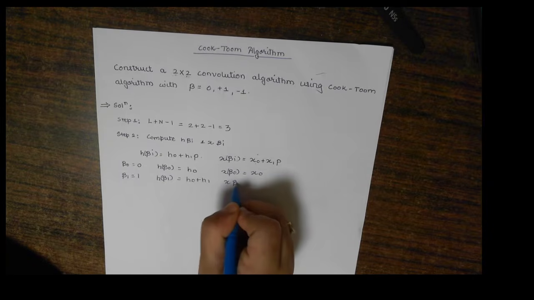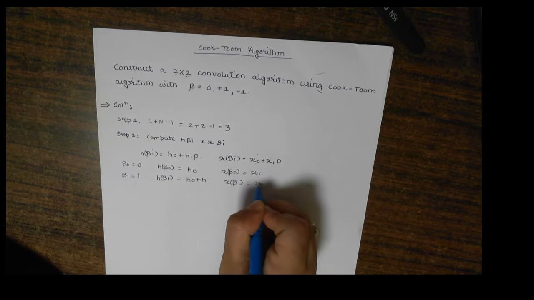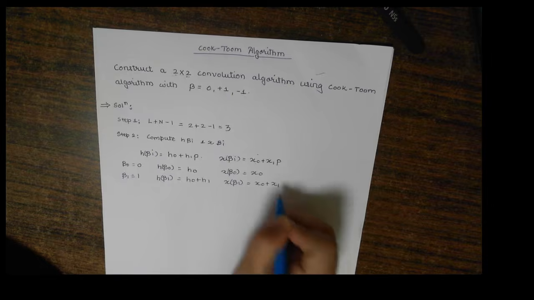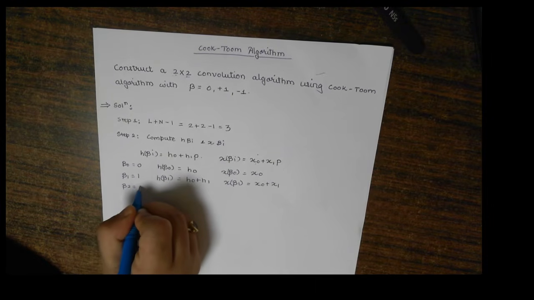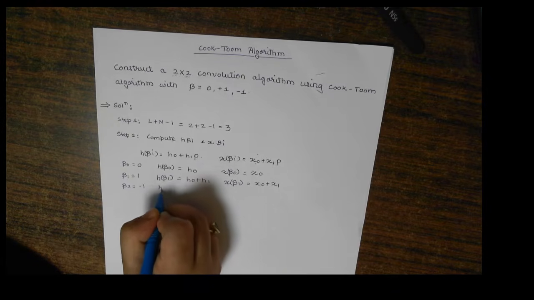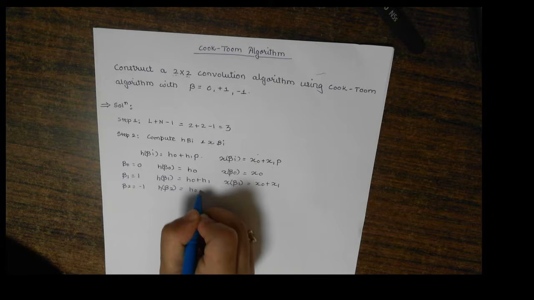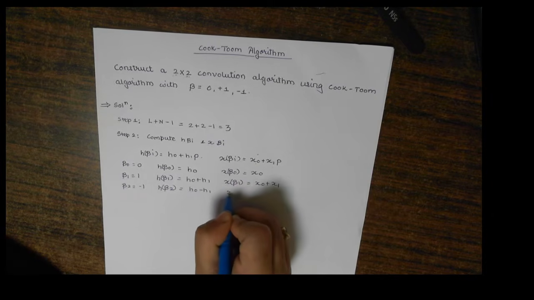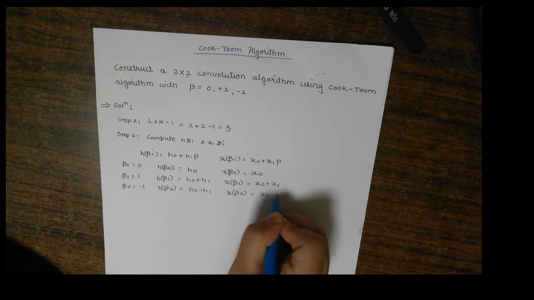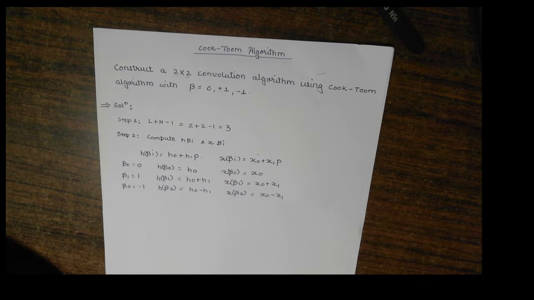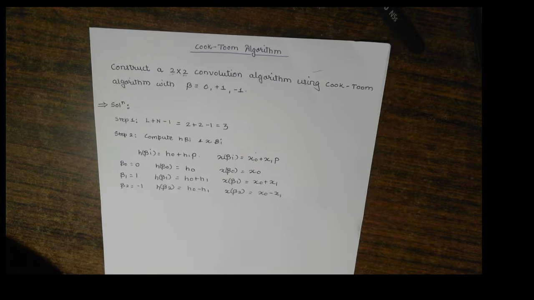X beta 1 will be equal to x0 plus x1. For beta 2 we have minus 1. So h beta 2 equals h0 minus h1, x beta 2 equals x0 minus x1. Thus we have computed all the values of h beta and x beta.